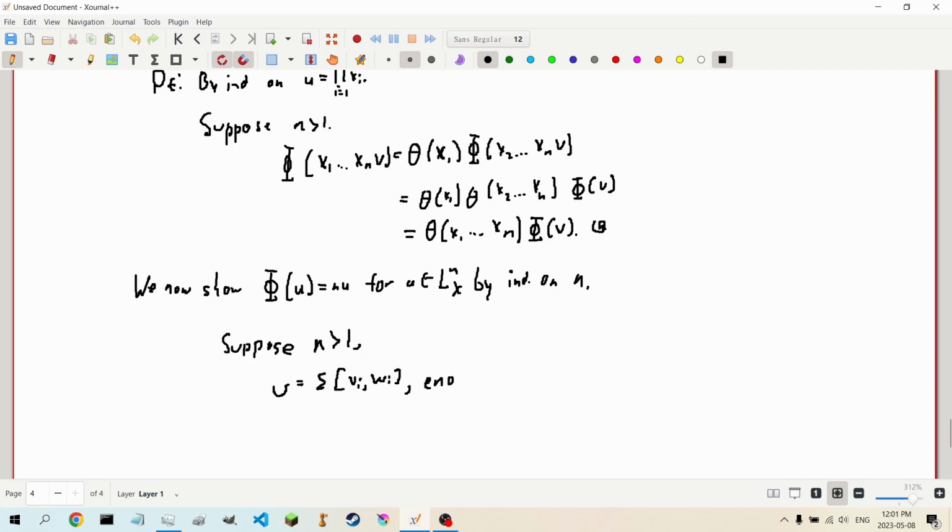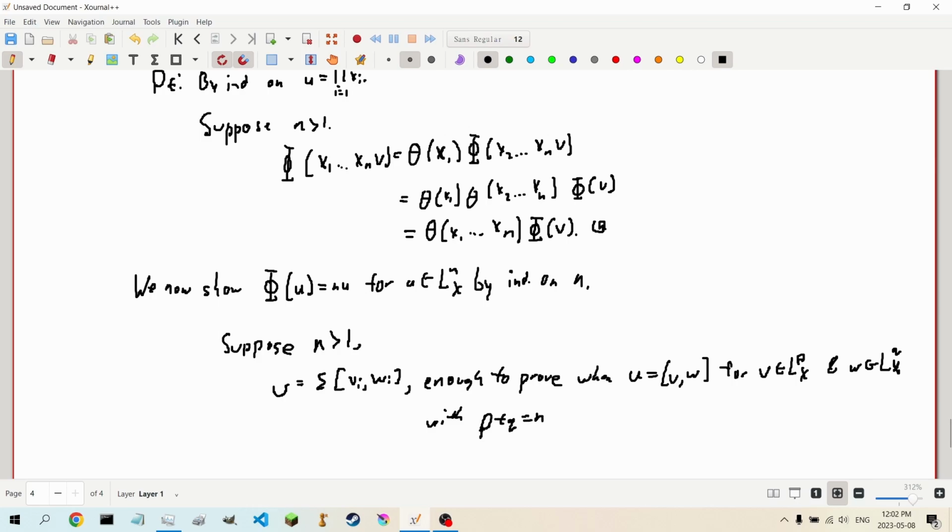Enough to prove when u is the bracket of v and w for v in Lp of x and w in Lq of x, with p plus q equals n, and both of these are at least 1.